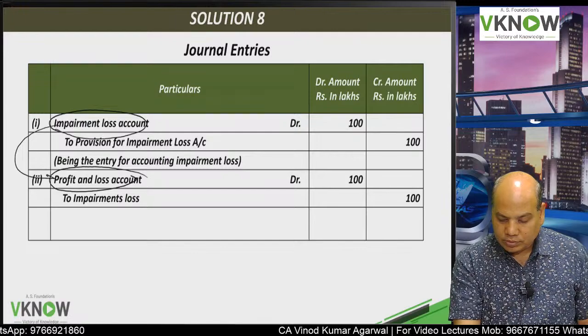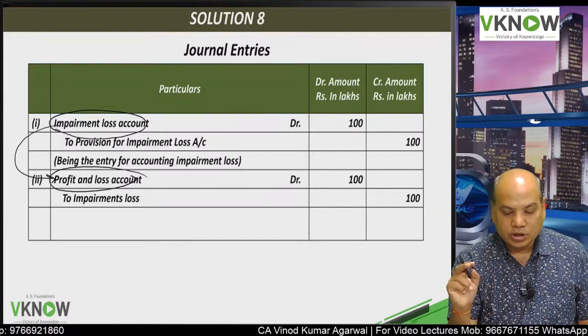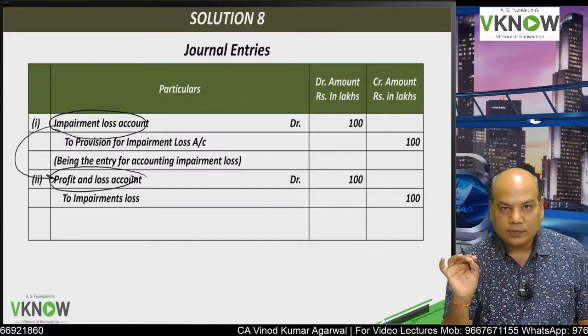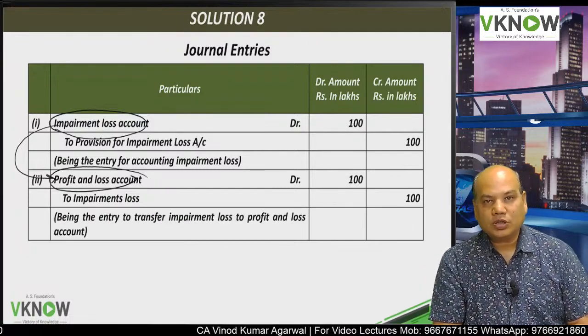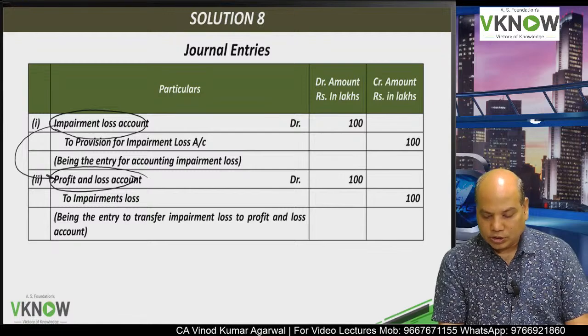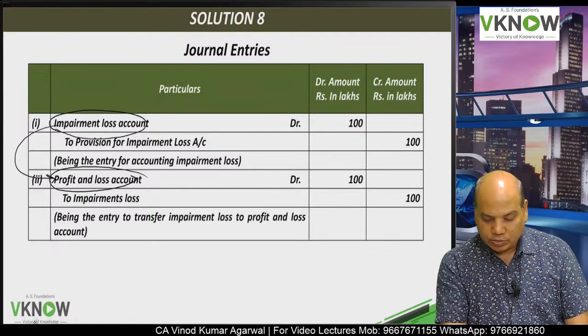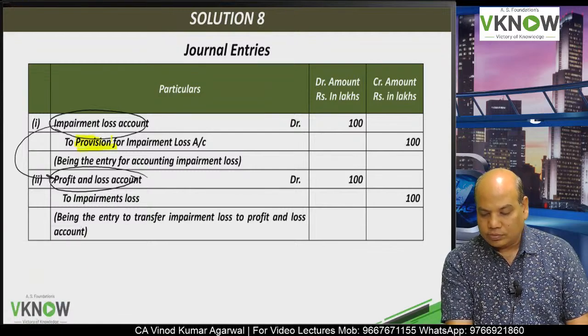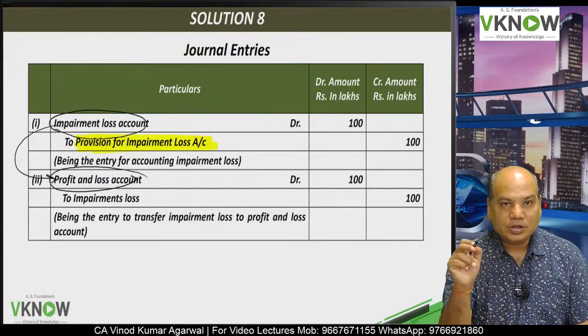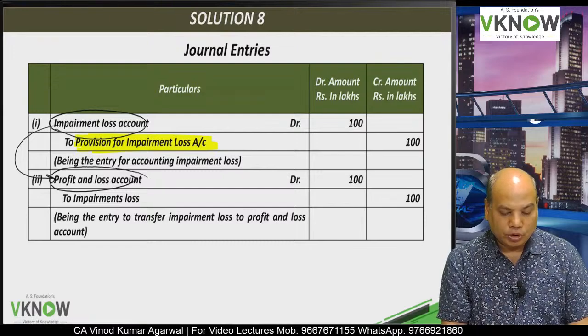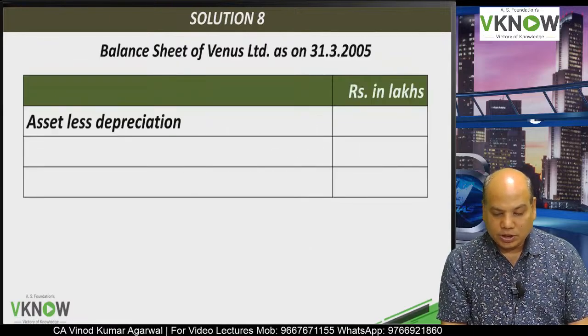Impairment loss, if it is a non-revalued asset, will be fully transferred to profit and loss account. Impairment loss account debit to profit and loss account. But what about this ledger which you have created? This will appear as a deduction from asset. I will show you now the balance sheet part.